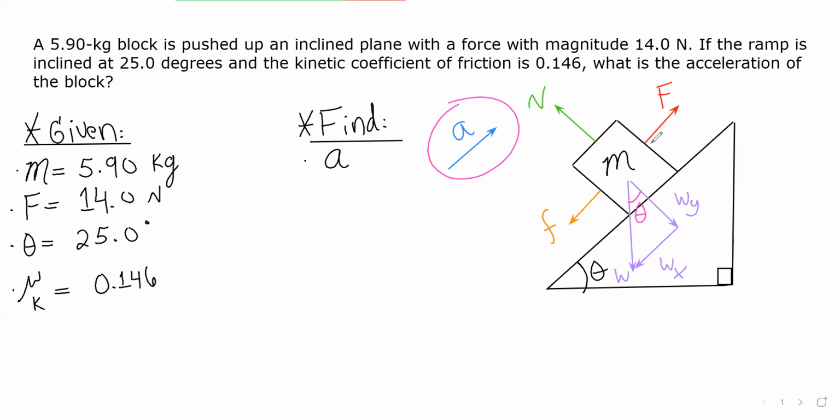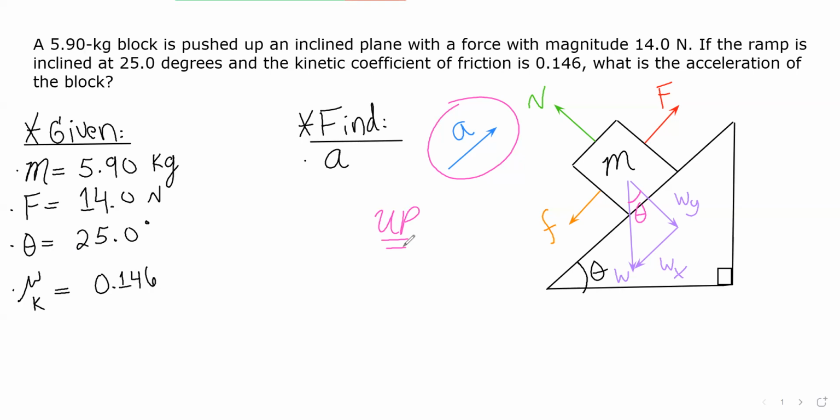You may be thinking, wait, I have a negative acceleration. Does that mean the block is moving down? No, it's still the case that the block is moving up the ramp. But again, this is ambiguous. If you truly wanted to know the direction of motion of the block, you'd have to rely on the velocity vector.